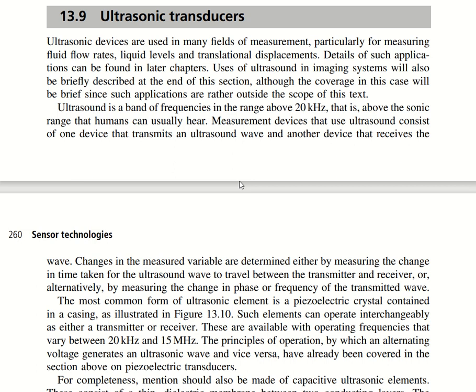And what ultrasound or ultrasonic basically is: ultrasound is a band of frequency in the range above 20 kilohertz, which means that it is above the sonic range that humans can usually hear, so you cannot hear the ultrasonic sound. The measurement devices that are used consist of one device that transmits an ultrasound wave and another device that receives the wave.